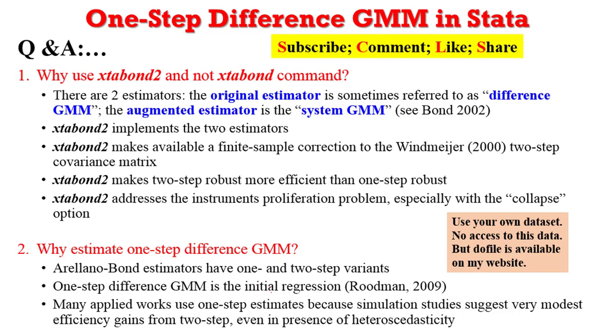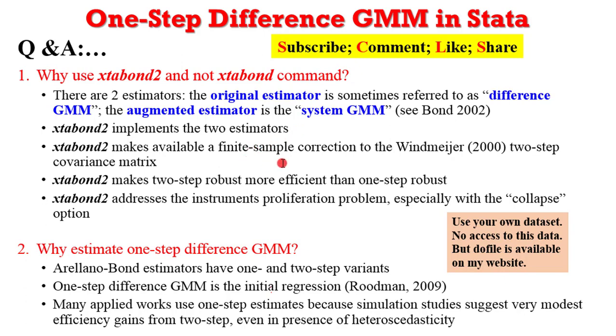I have two questions for which I have provided some answers. The first question is, why use xtabond2 and not the xtabond command? Remember that there are two estimators. The original estimator, often referred to as the difference GMM, and the augmented estimator called the system GMM. xtabond2 implements the two estimators.